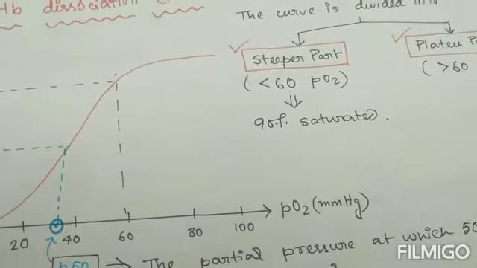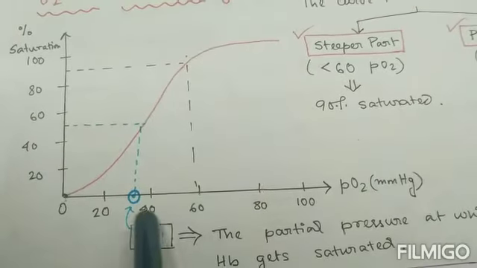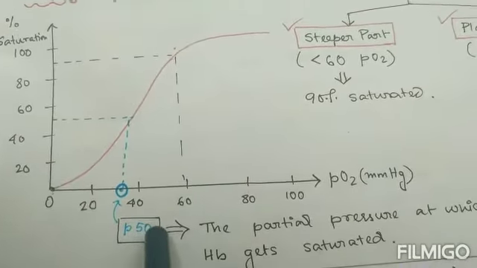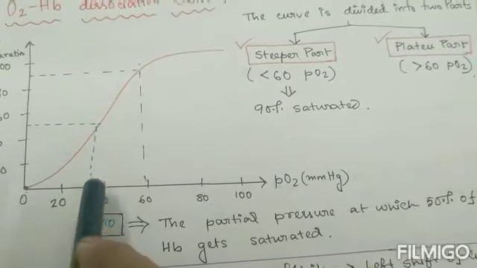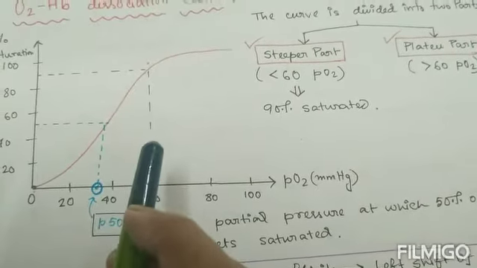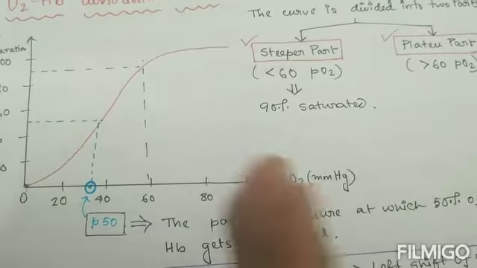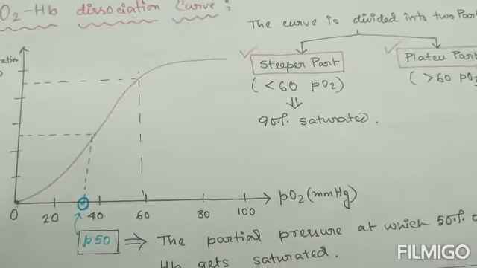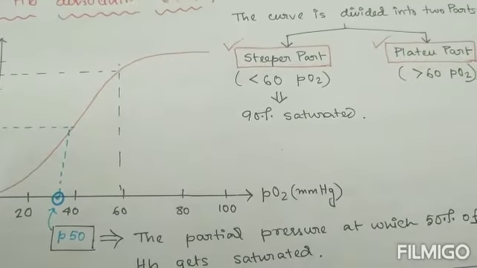So this is important, and from this oxyhemoglobin dissociation curve, an important determining factor is P50. It indicates the partial pressure at which 50% of hemoglobin gets desaturated, and this P50 determines the right or left shift of the curve, or in other words, the affinity of hemoglobin towards oxygen. We will discuss this.